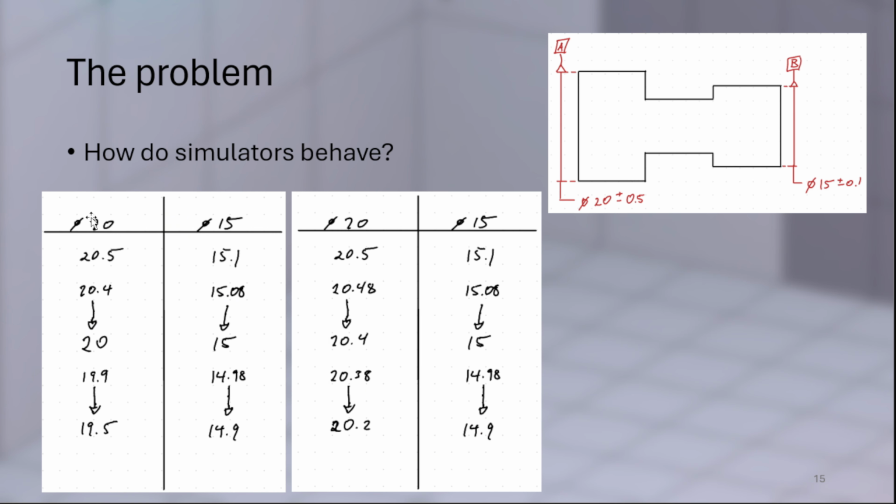I would assume that the datum feature simulators in this case contract on a percentage basis, so that once half of the tolerance zone on this 20 millimeter feature has been eaten up, half of the tolerance zone on the 15 millimeter feature has also been used.